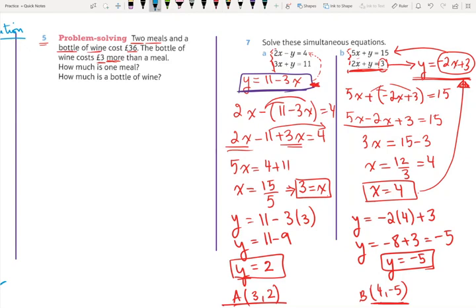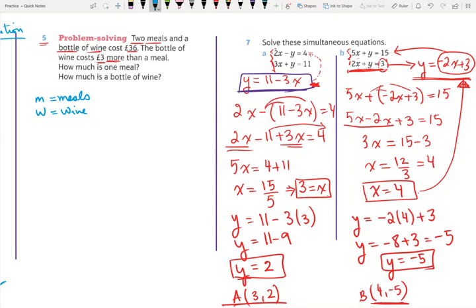So first we need to identify or to represent the variables. So let us represent M for the meals and W for the bottle of wine. And we go back and read the question again.